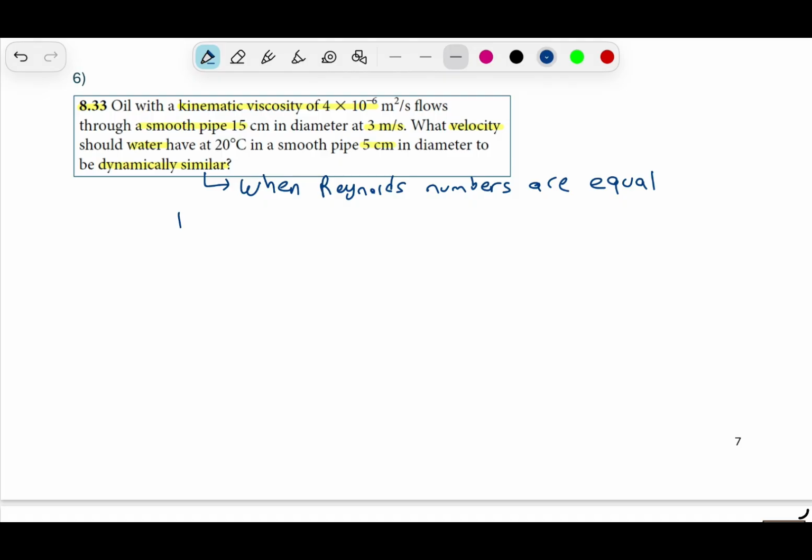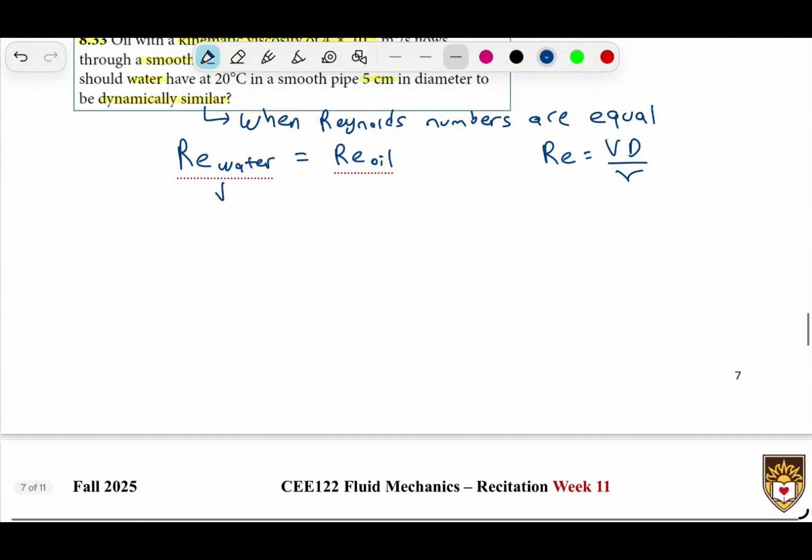So let's say we have Reynolds water and we have Reynolds for oil. And Reynolds is actually equal to velocity times diameter over kinematic viscosity. So let's see what we have. We are going to find velocity here.